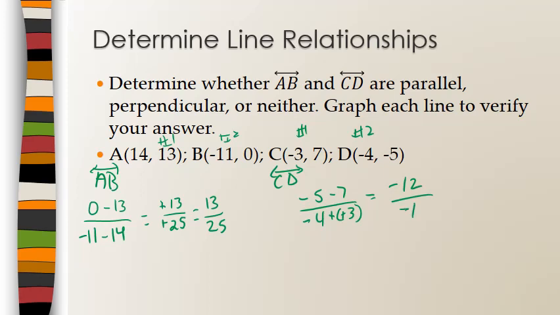So I got a slope of 12. They're certainly not the same slope, and they are not the negative reciprocals of each other. So they can't be parallel and they can't be perpendicular. Shazam, they are neither.